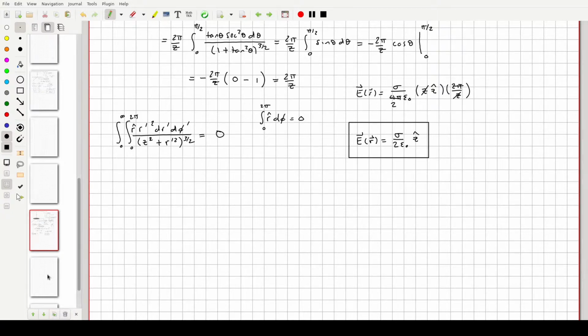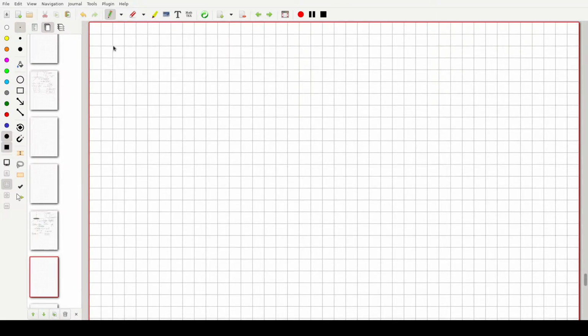So the last topic I want to talk about is something called electric dipoles. Now, I've already given you examples of dipoles before, or at least I just mentioned them. Generally, what you have is a region of positive and a region of negative, and they're connected to each other.